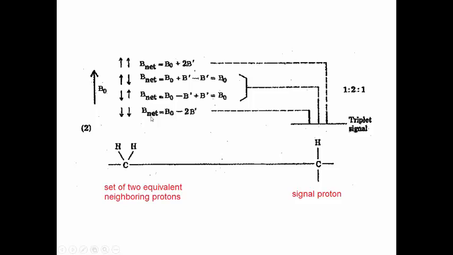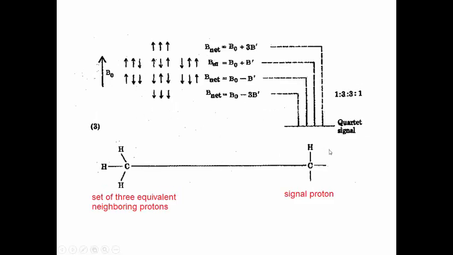If you count them, that corresponds to three different local fields created by the neighboring set of protons. 1, 2, 3. So our signal proton, feeling three different local fields from the neighboring protons, is going to create three NMR signals, a so-called triplet.